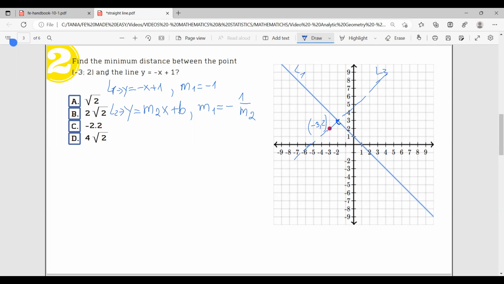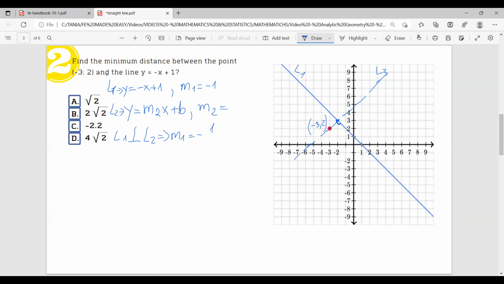So m1 equals minus 1. Or you know what, maybe this is not shown quite right here. I'll just say m2 equals, and let me calculate it here below. We know that L1 is perpendicular to L2 if m1 equals the negative inverse of m2. Let's go ahead and do that.